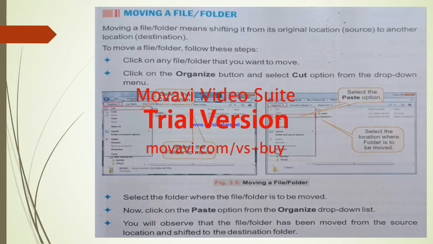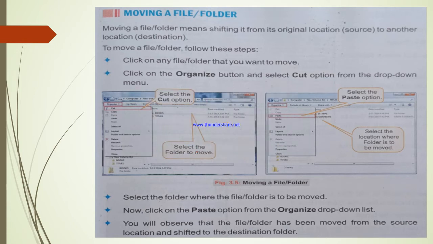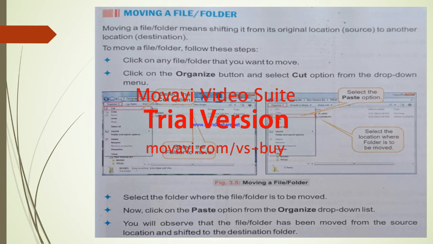Moving a file or a folder means shifting it from its original location, that is the source, to another location or destination. To move a file or a folder, follow the steps. Click on any file or a folder that you want to move. Click on the Organize button and select Cut option from the drop-down menu.